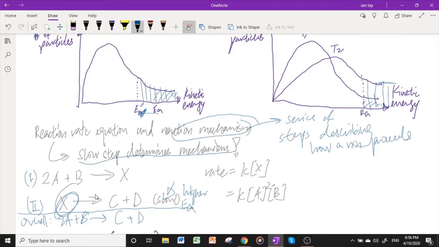But the production of 1 mole of X is dependent on 2 moles of A and 1 mole of B. And we cannot leave the expression like this, because the rate equation must be defined based on the concentration of the reactants, not the concentration of an intermediate. This is an intermediate. So we express it as such. Since one molecule of X is produced from 2 molecules of A and 1 molecule of B, rate equals K times concentration of A squared times concentration of B.